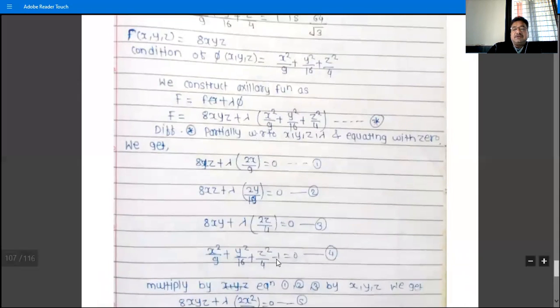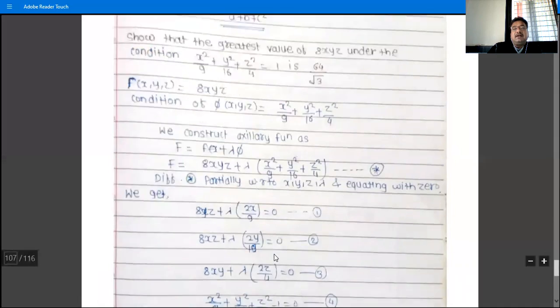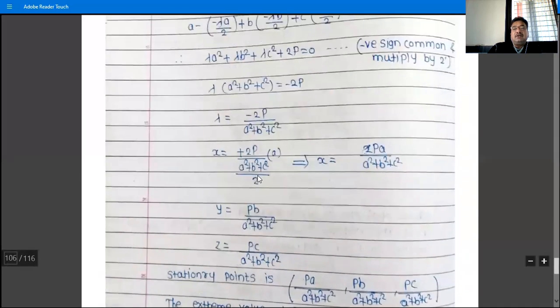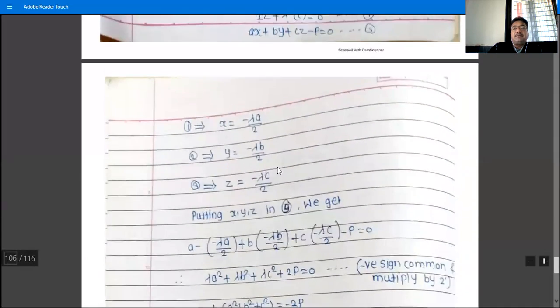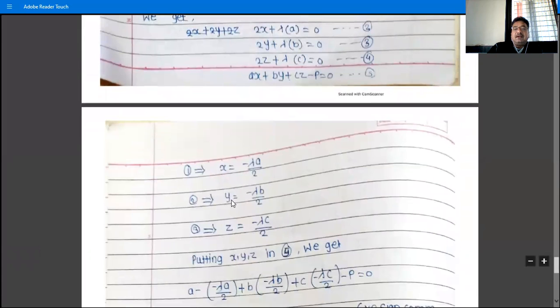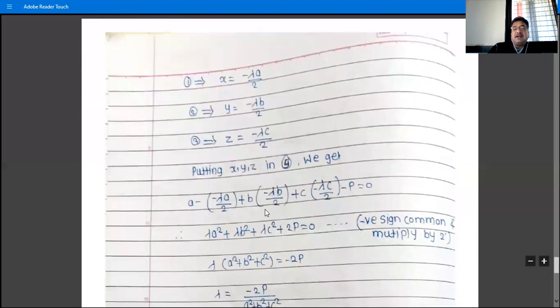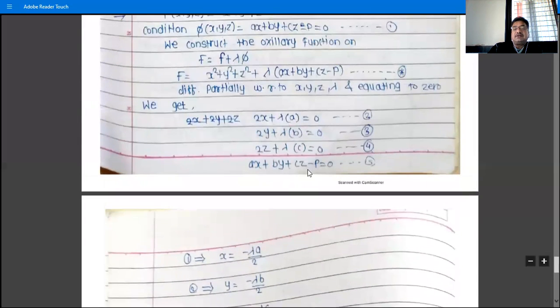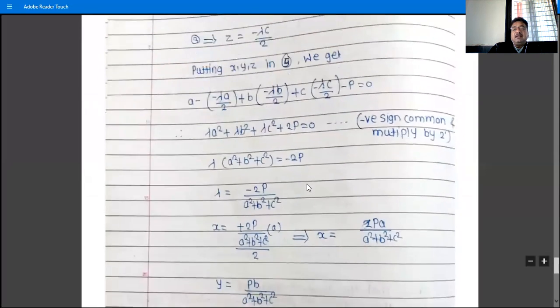Then from this step, there are two methods. The first method is discussed in the first problem: if it is possible to find the values of x, y, z in terms of lambda, that is, the value of x is free from y and z, the value of y is free from x and z, and the value of z is free from x and y, then find the values of x, y, z and substitute in the condition, equation number 4, and find the value of lambda.